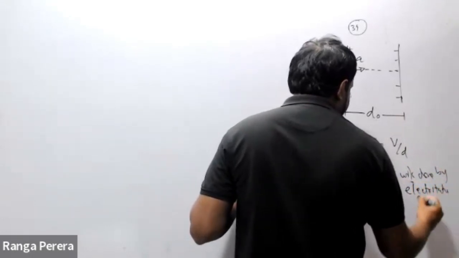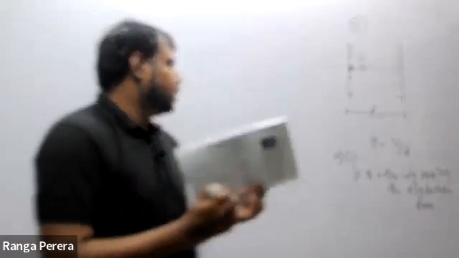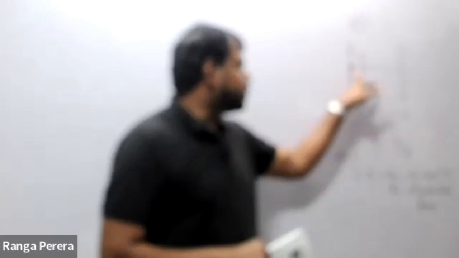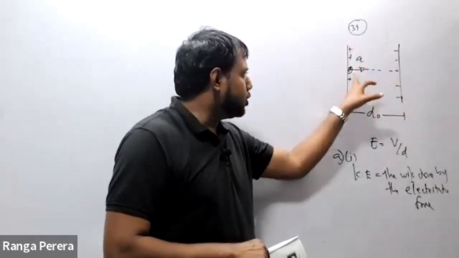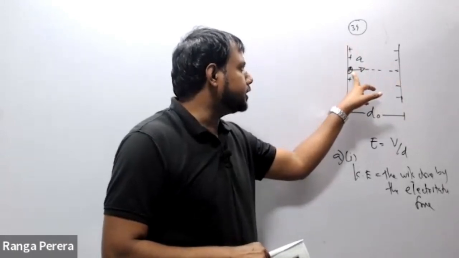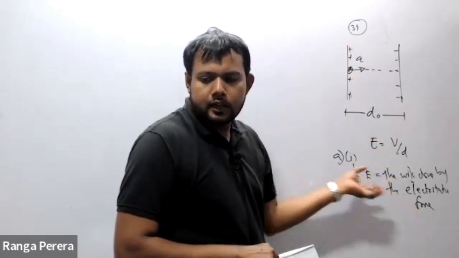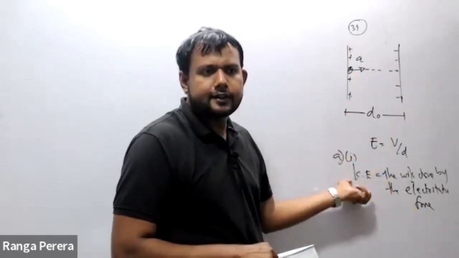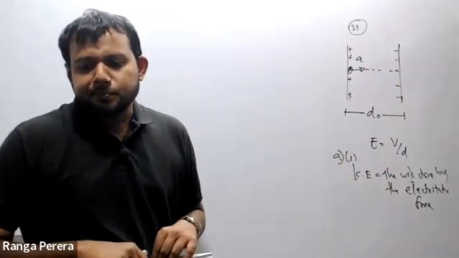You can apply the linear motion equation and calculate the velocity, or else we know there's a force on this charge, and force multiplied by displacement is the work done. That is indicated as the kinetic energy. Are you okay with that?